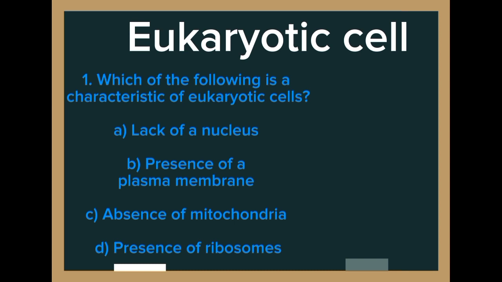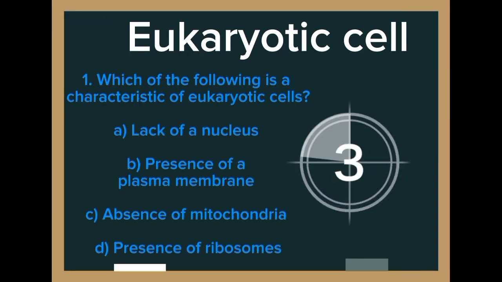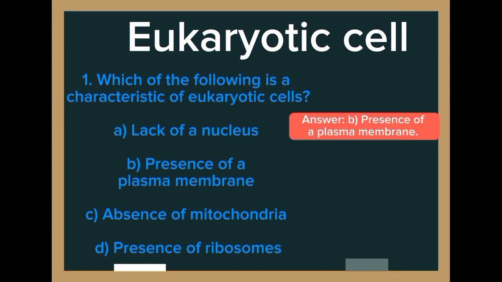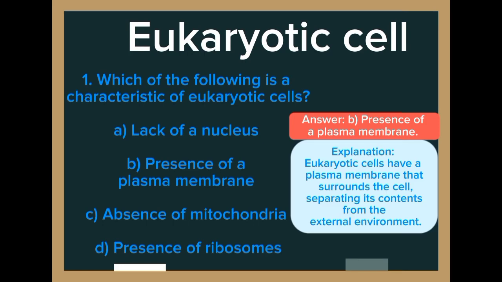C. Absence of mitochondria. D. Presence of ribosomes. Answer B. Presence of a plasma membrane. A plasma membrane that surrounds the cell, separating its contents from the external environment.